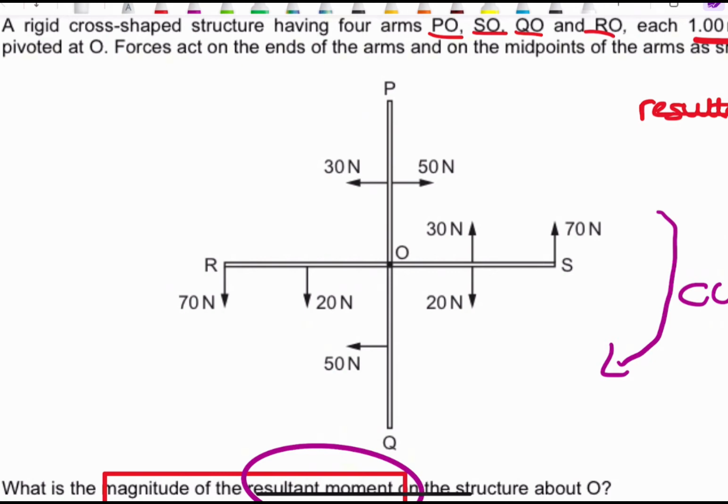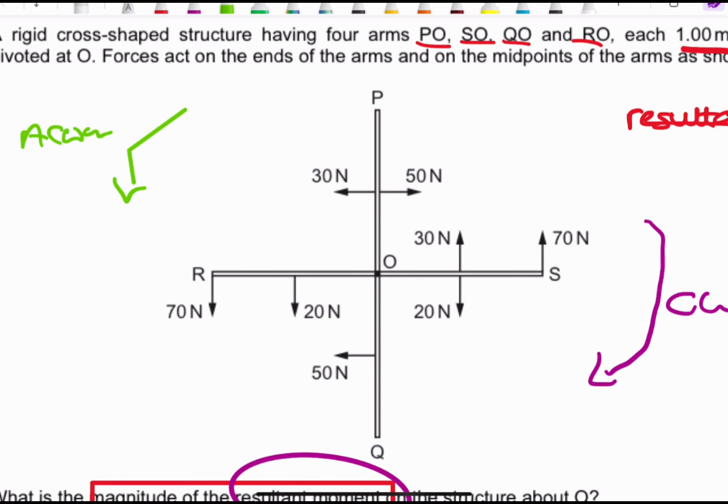If the stopwatch is moving in that direction, that's anti-clockwise. So firstly, here I have a 50 and a 30. So this is going to push with the 50 and this is going to push with the 30. And the 50 is going to win. And as the 50 wins, it's going to win by 20.